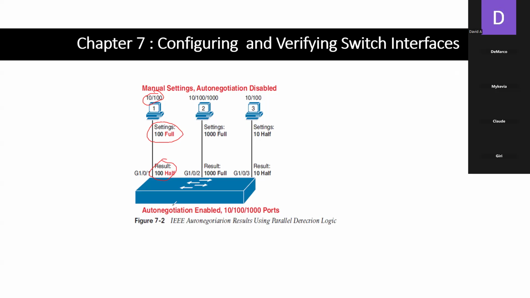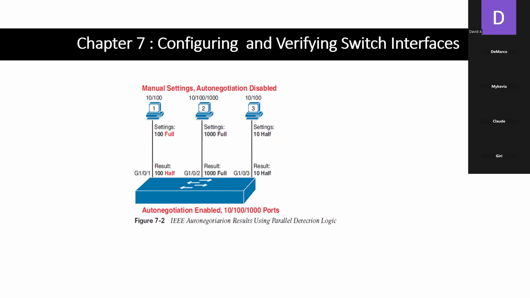This is what happens here. With 1,000 megabits per second, just like we learned in our theory, it uses full. The switch is going to determine that, and say, excellent, I detected you're using 1,000 megabits per second, so I'm going to set the duplex to full. We see that here as well: 10 megabits, half. Since your speed is 10 megabits per second, I'm going to set your duplex to half. Hopefully that makes sense.